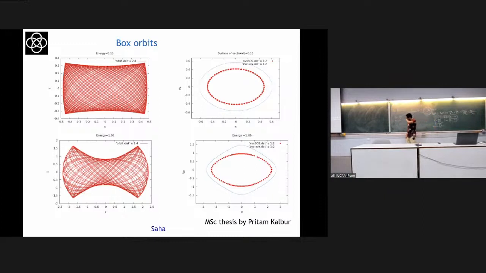The first one is also called the Kepler potential, the Kepler problem, which is governed by the gravitational potential of the sun only, in which the star or the planet moves as a test particle.